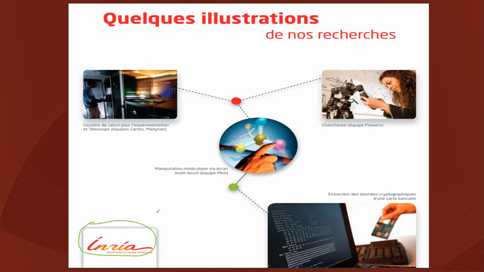I found it from one of their booklets on their website. And they have a lot of researchers. They receive applications for internships every year from many engineers and students out there. And it's a huge research group called Inria in France. They have made Scilab. So I just wanted to show this.